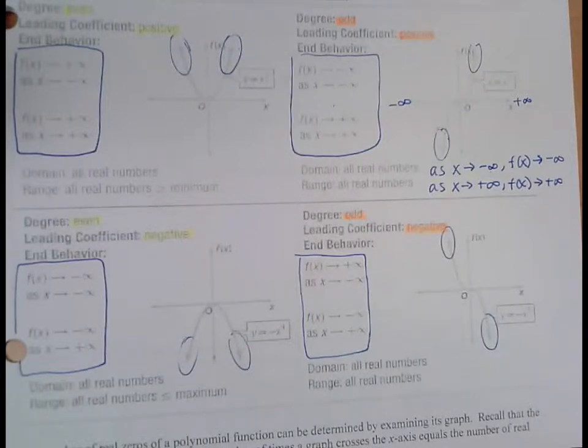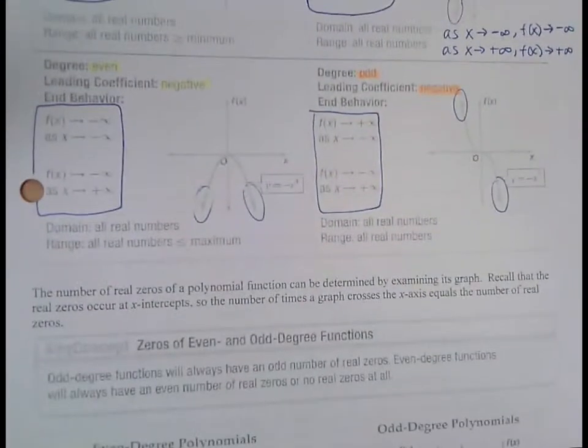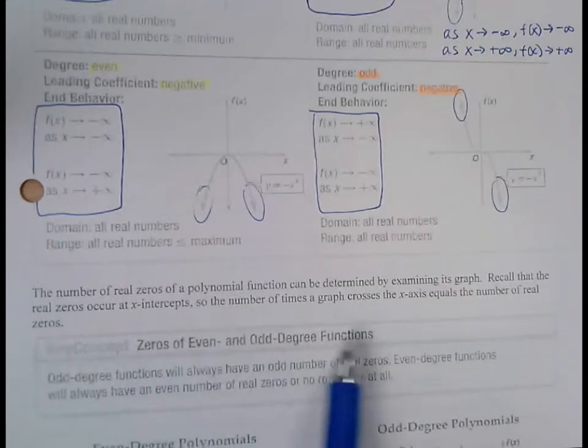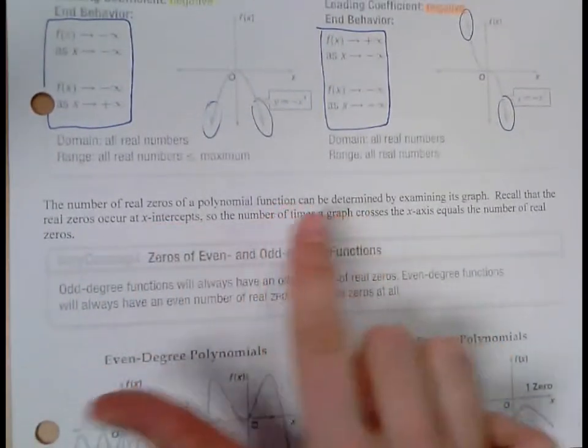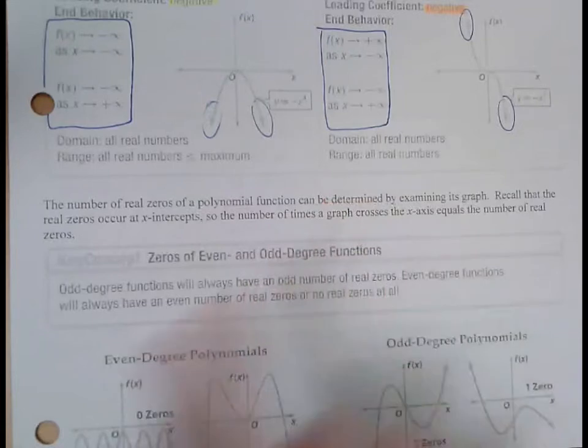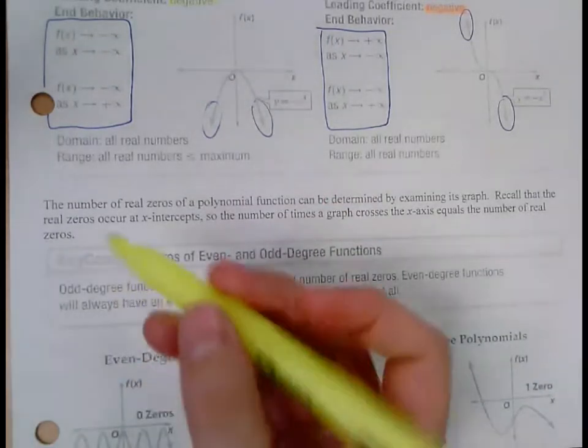And then another thing with the zeros of a function, before we actually get into the examples, and you'll see how this all ties together. The number of real zeros a polynomial function has can be determined by examining the graph. The real zeros occur at the x-intercept.